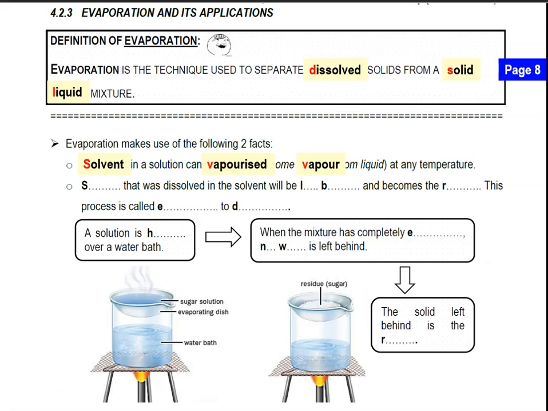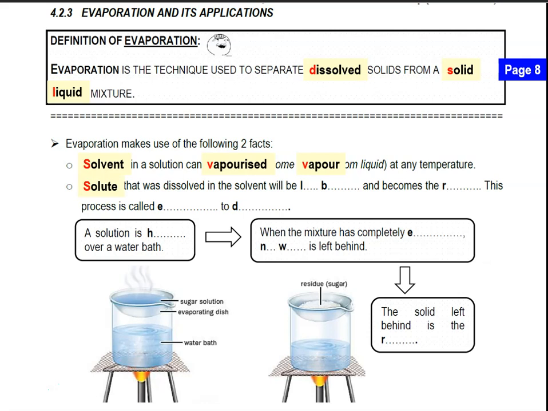The second situation that must be present in order for evaporation to take place is if the solute, so we talked about the solvent already, right? Now we talk about the solute.